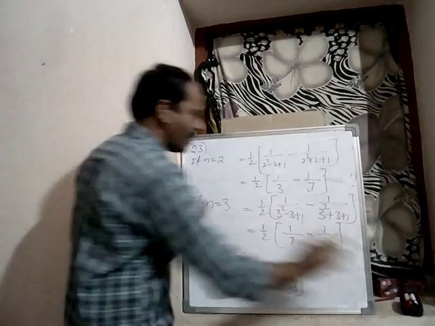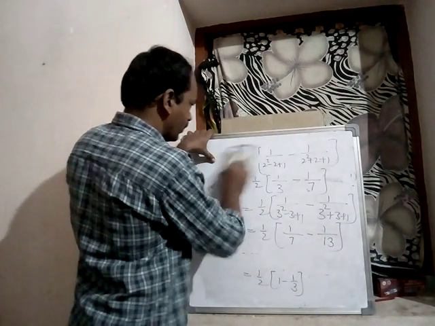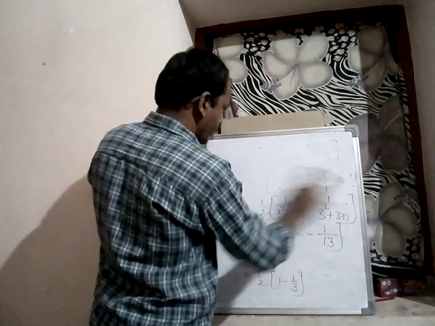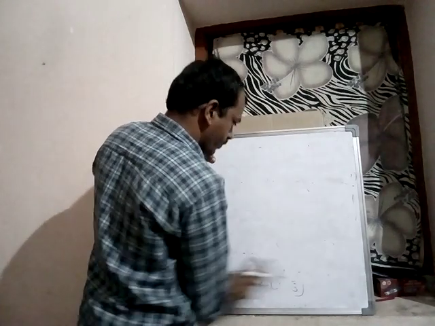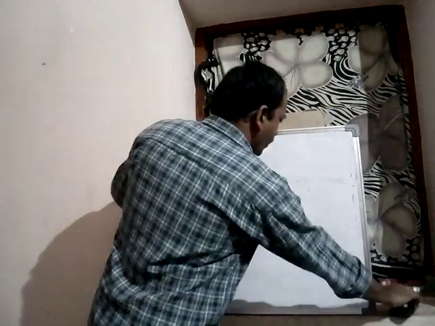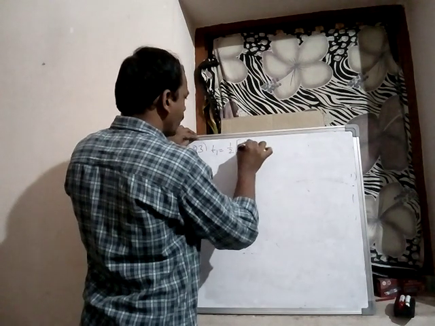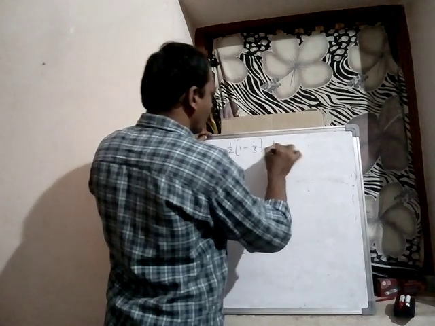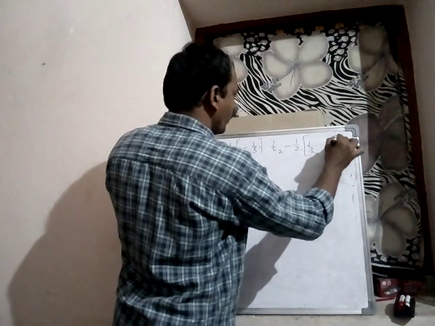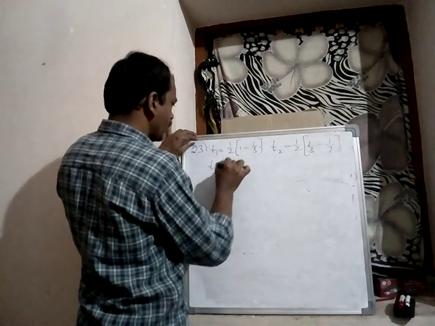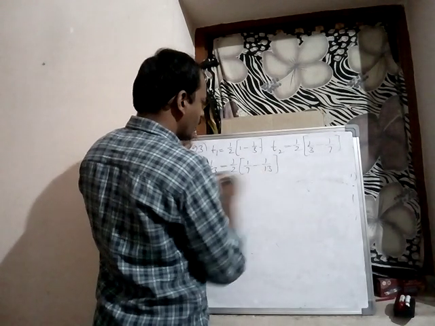I will write it clearly. First term half into 1 minus 1 by 3, second term half into 1 by 3 minus 1 by 7, third term 1 by 2 into 1 by 7 minus 1 by 13, like this.